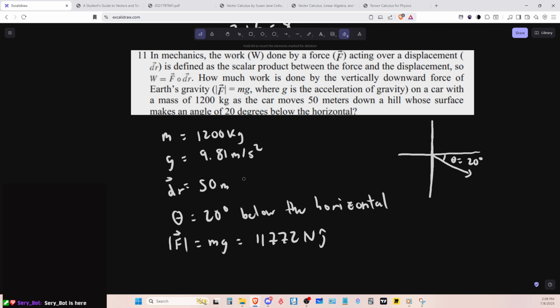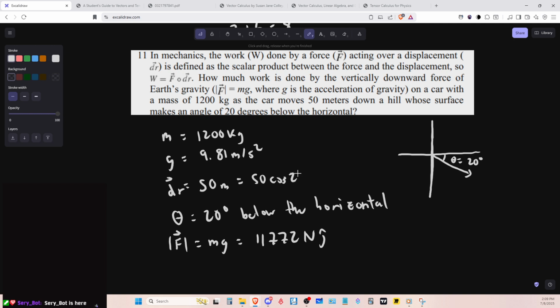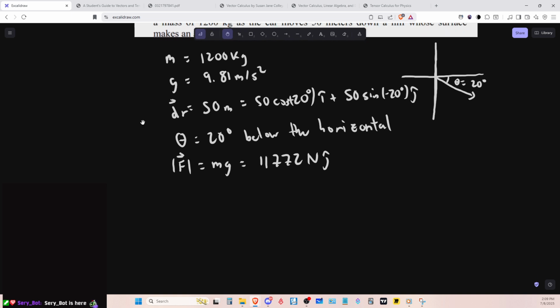In this case, we're going to have to write this like a vector now. So I think what we have to do is put this as 50 meters times cosine of negative 20, so we know that's below the horizontal, plus 50 meters times sine of negative 20 in the j direction.